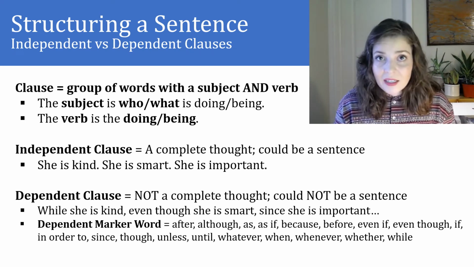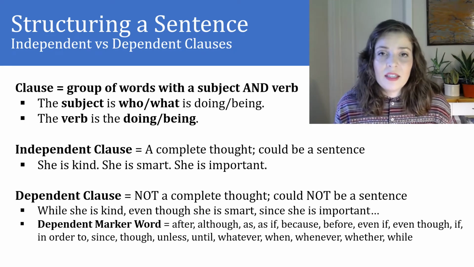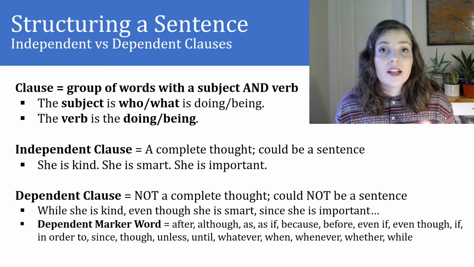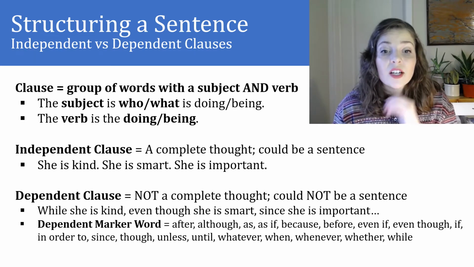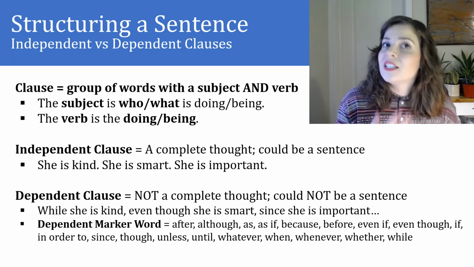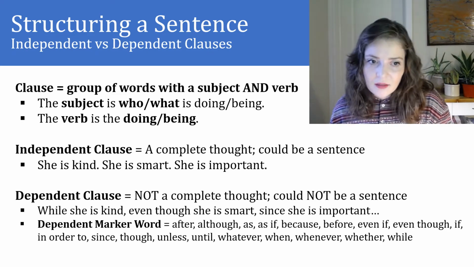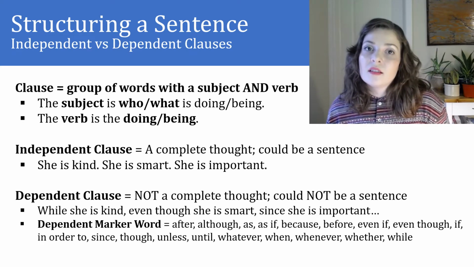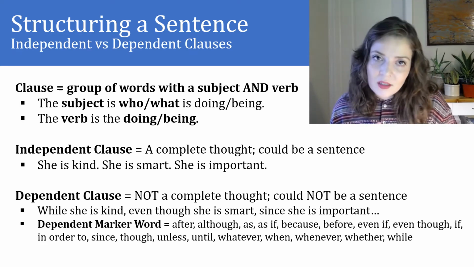A dependent clause is not a complete thought. It could not be a complete sentence, but it still does have a subject and a verb. For example, while she is kind, even though she is smart, since she is important.